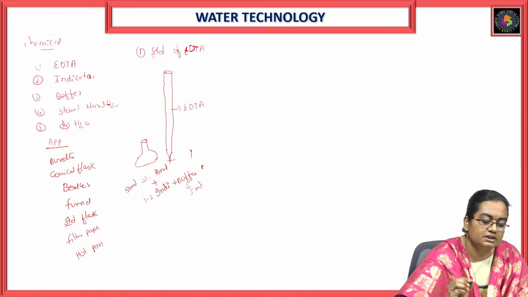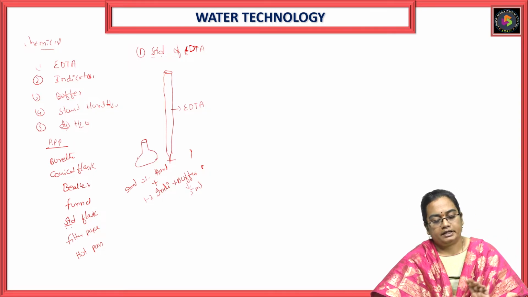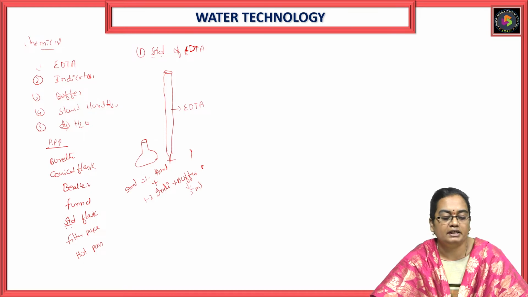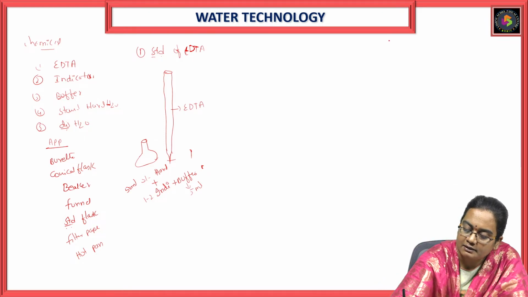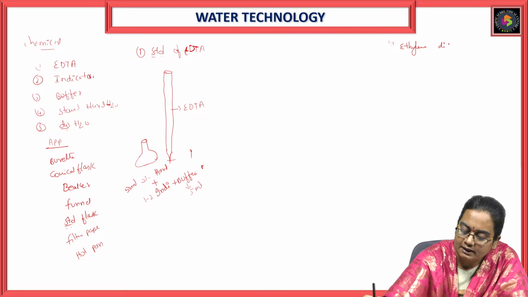Here we are using EDTA, indicator, and buffer. First one, EDTA. What is the full form of EDTA? EDTA means ethylene diamine tetraacetic acid.